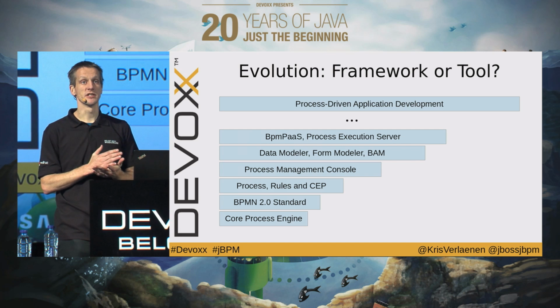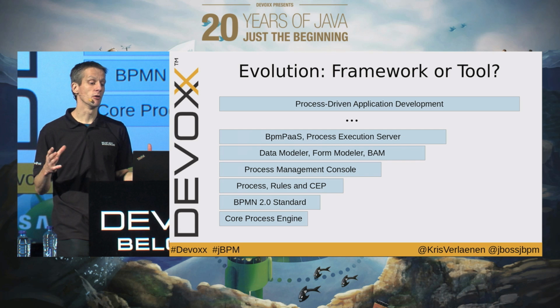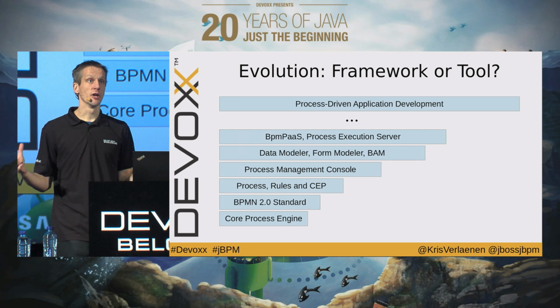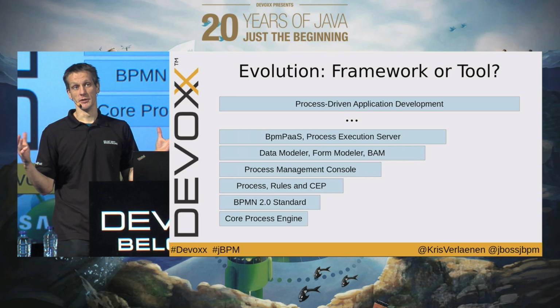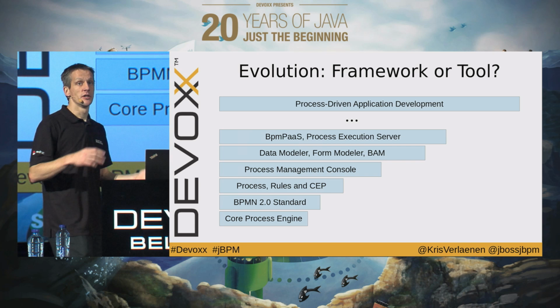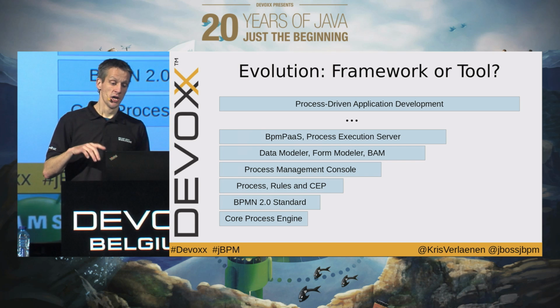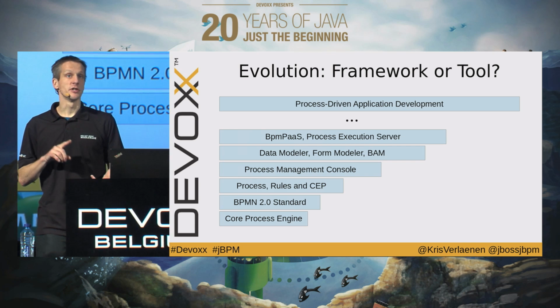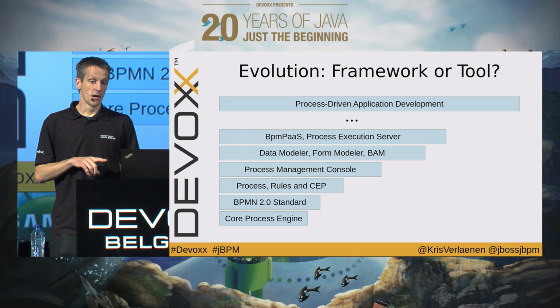The process engine itself is a very stable, very performant, very lightweight engine you can use anywhere. And it's got all the features you think it should have. I mean, a process needs to be persistent, it needs to participate in transactions, it needs to be performant, it needs to be scalable, etc.